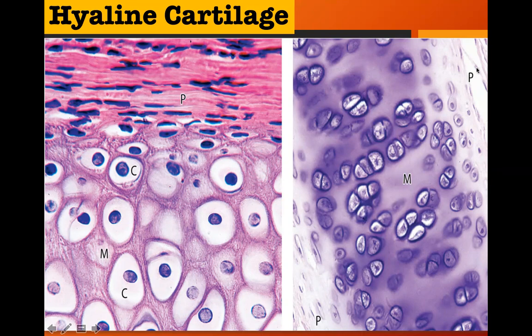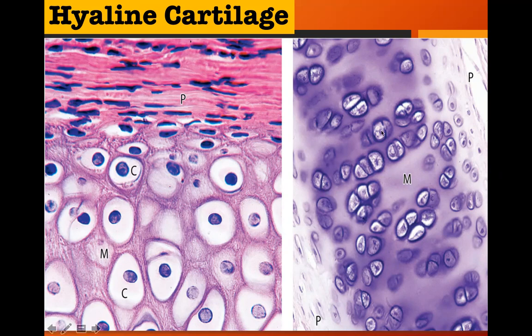P here stands for your perichondrium. Diyan po galing ang nutrients. Magkabila yan. P, perichondrium. Diyan galing ang nutrients ng matrix, ng extracellular matrix. Now look at this closely. Your chondrocytes or your cartilage cells are the parenchyma of your cartilage.